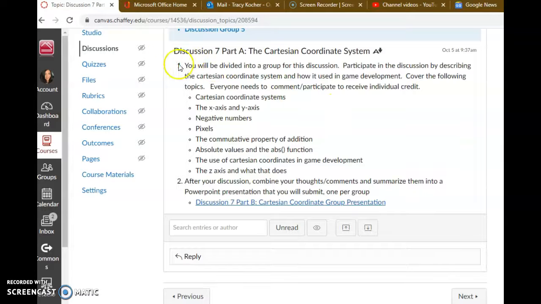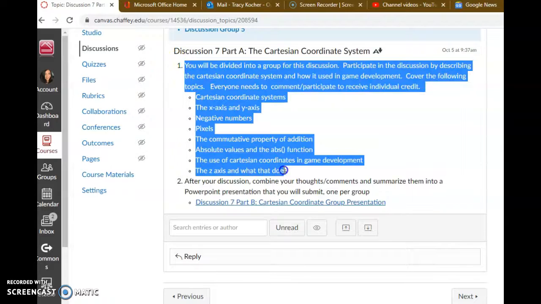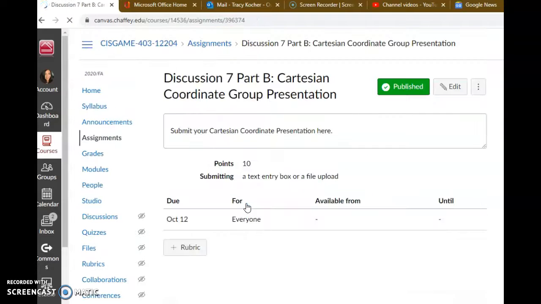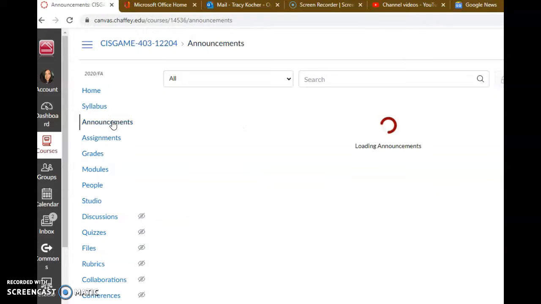Once you have completed part A and this discussion, then you'll go to part B and you'll submit your coordinate presentation here. I think there's 5 groups or 6 groups. I should have 6 presentations and that's all. Okay, hopefully that makes sense to you guys.